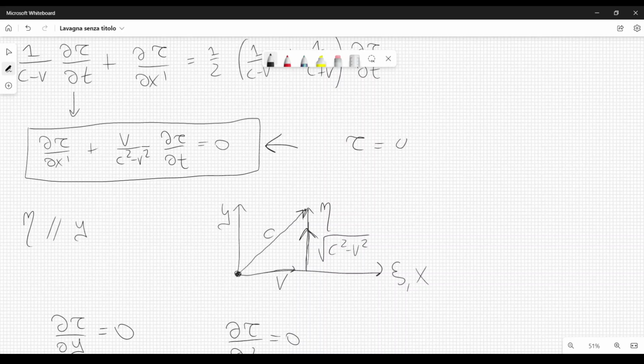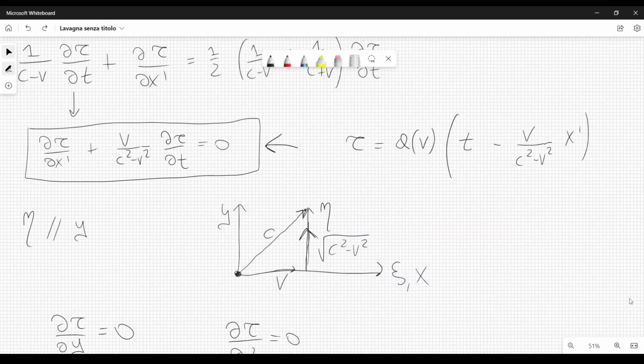It is equal to some constant with respect to the coordinates, but this can depend on the velocity v, and we will see that. And then this multiplies t minus v/(c²−v²) times x'. And if you insert this equation there, you can see that this differential equation is satisfied.